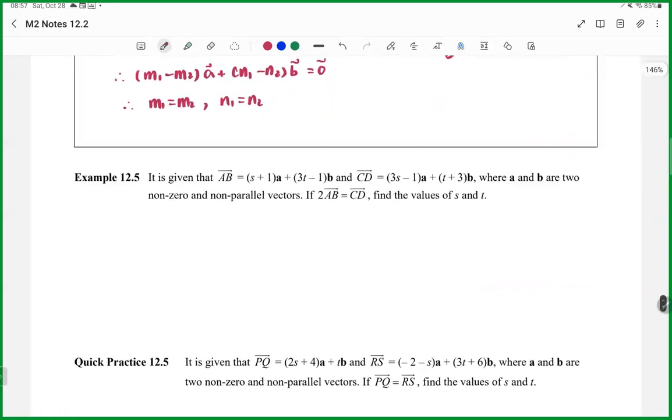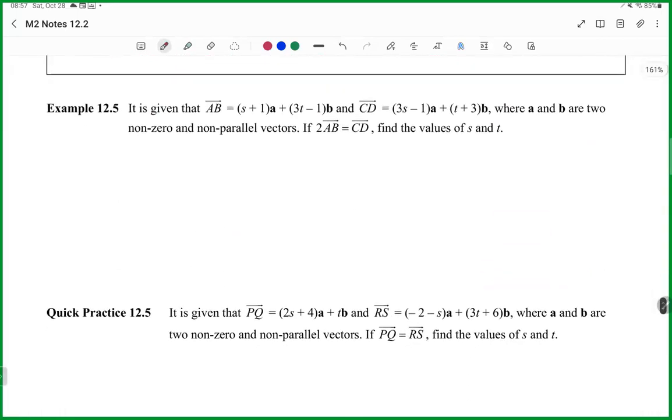Next example. It is given that AB equals this and CD equals this, and 2AB equals CD. There's no figure in this. It's just calculation.